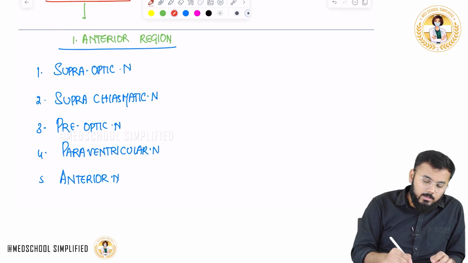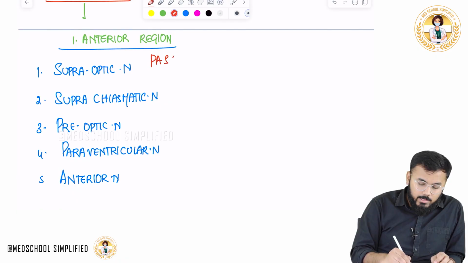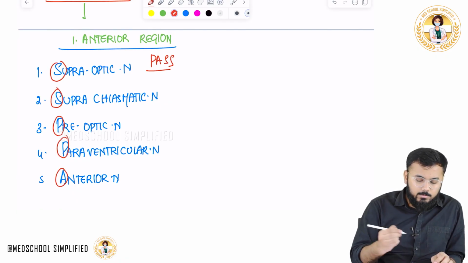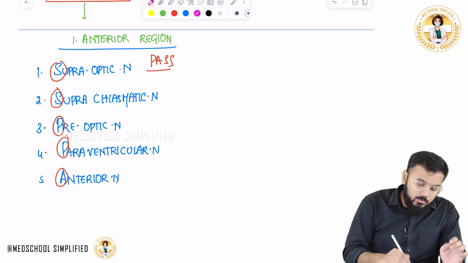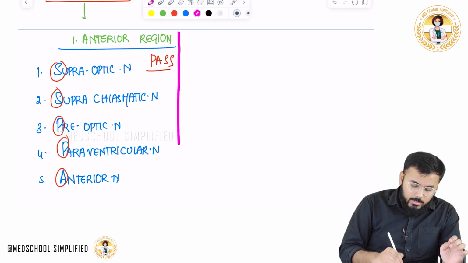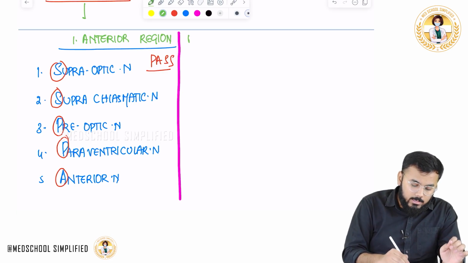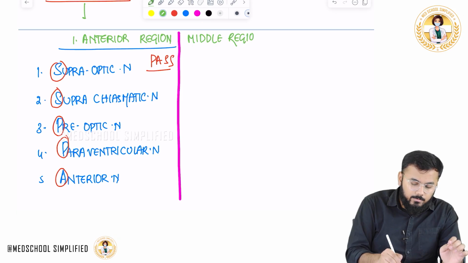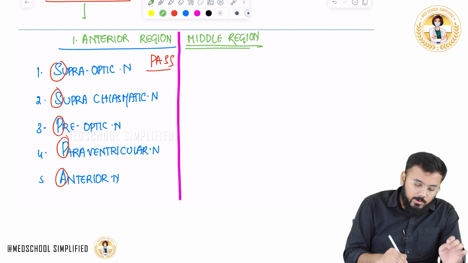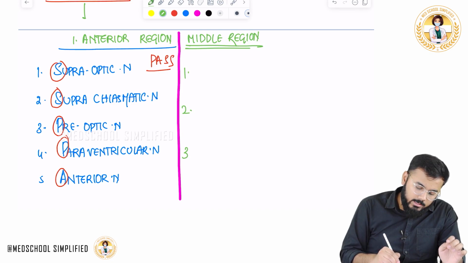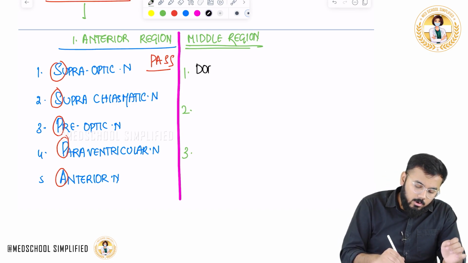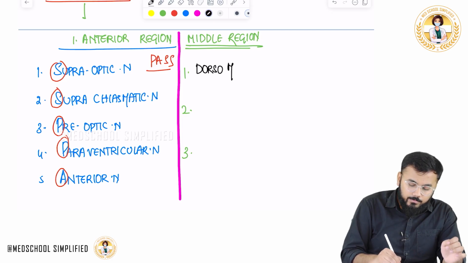Okay, how do you remember this? Remember it by a mnemonic PASS, PASS. Okay. Next, what are the nuclei that are located in the middle zone? What are the nuclei that are located in the middle region? In the middle region, we have got 1, 2 and 3 nuclei. What are these 1, 2 and 3 nuclei? One, you call it as a dorsomedial nucleus.